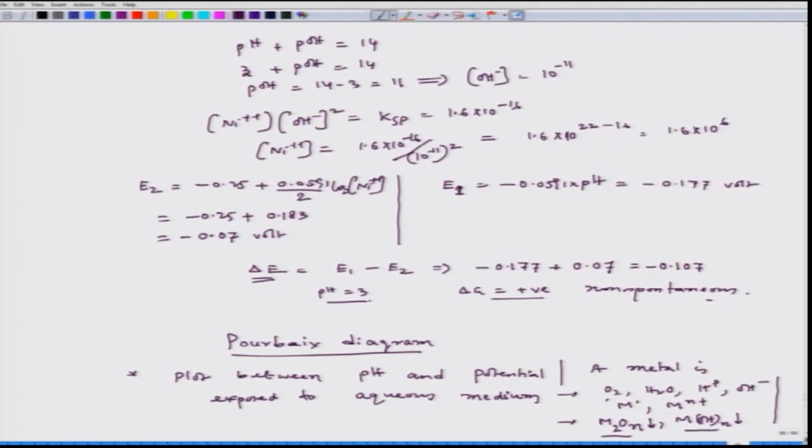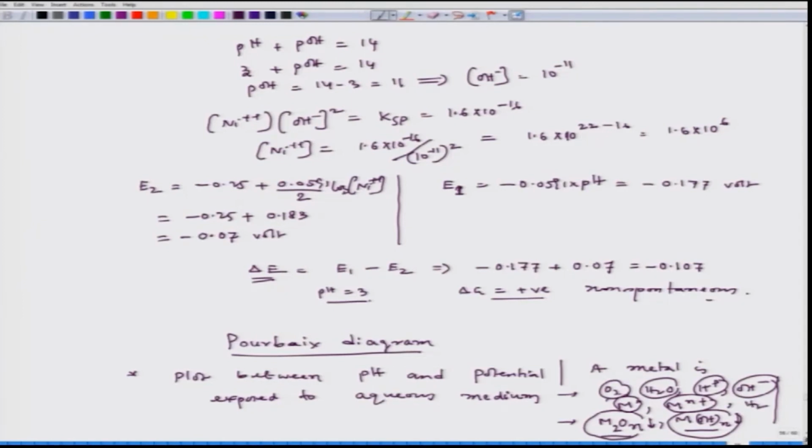So, we can have the stability of different phases, and from that diagram we can get information on all of those phases. And we are forgetting another important species, hydrogen, H2.